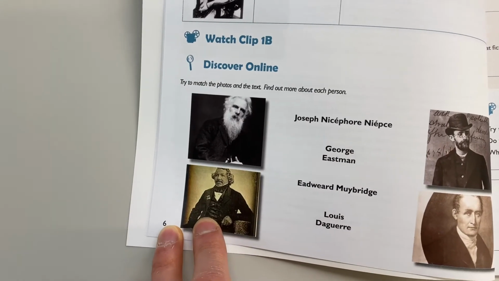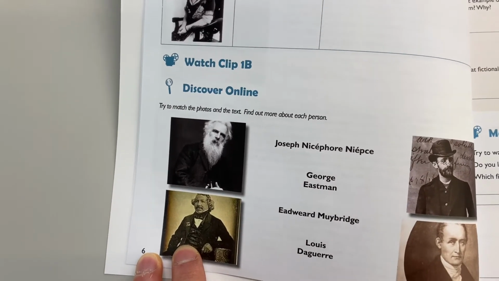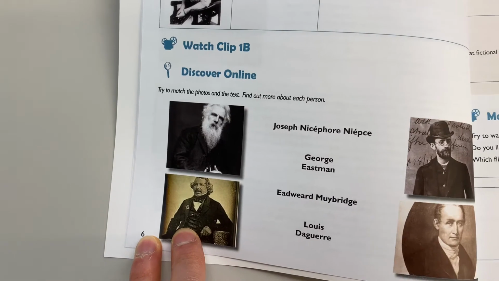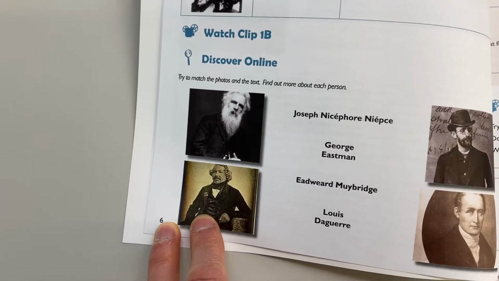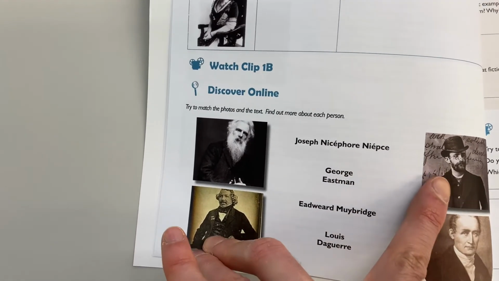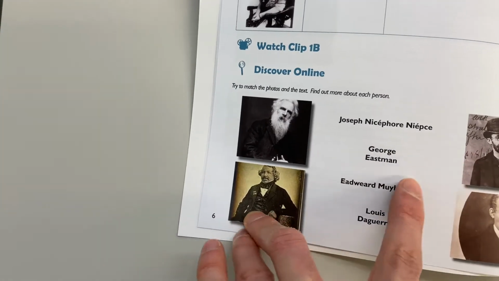Try to match the names to the people and maybe do a little research about why these people are so important. For example, George Eastman is this handsome gentleman over here.